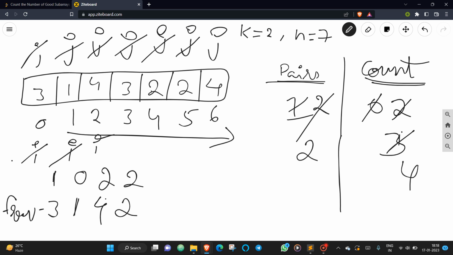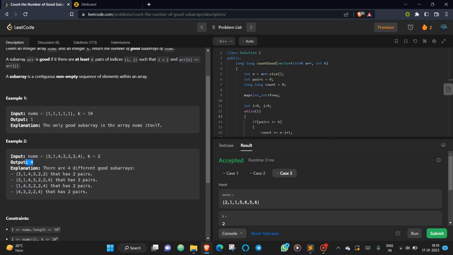So now you just keep on repeating this process. Once you cross this line, there will not be enough pairs to satisfy your k, right? So you'll be left with the count of 4, and now you can return your count as 4.